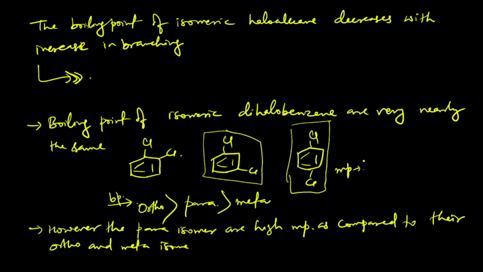If you want to see the melting point trend, para will have the most melting point, then ortho, and then meta. Meta will have the least melting point.